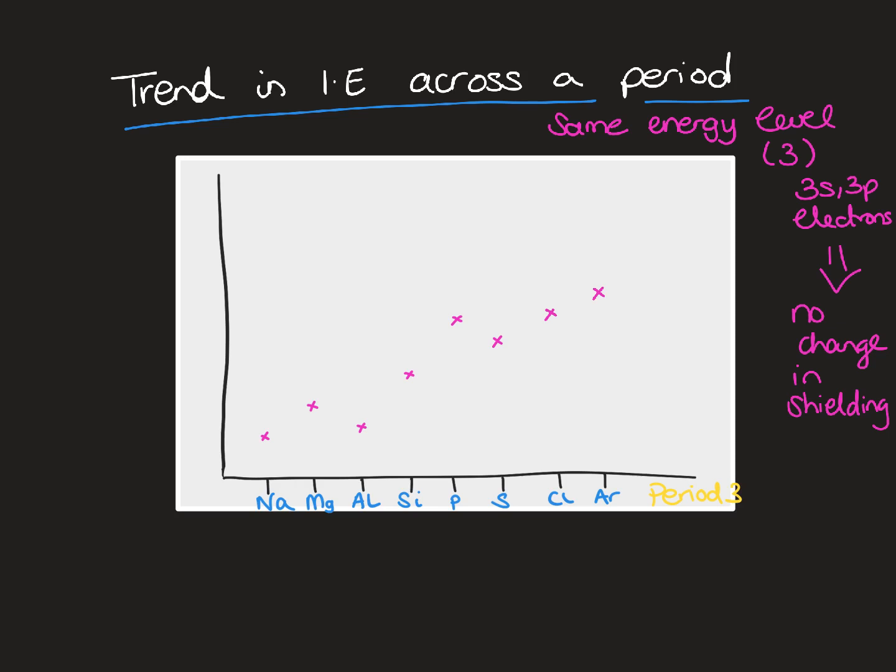The first thing we're going to look at, as we go from sodium to magnesium, we get an increase in the first ionisation energy. So we need to consider why this is the case. We've got more protons in the nucleus. They are going into the same principal energy level and the same orbital.